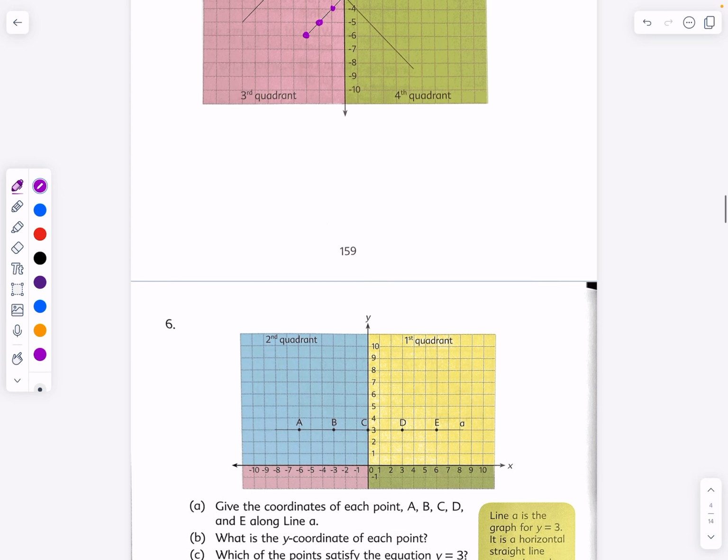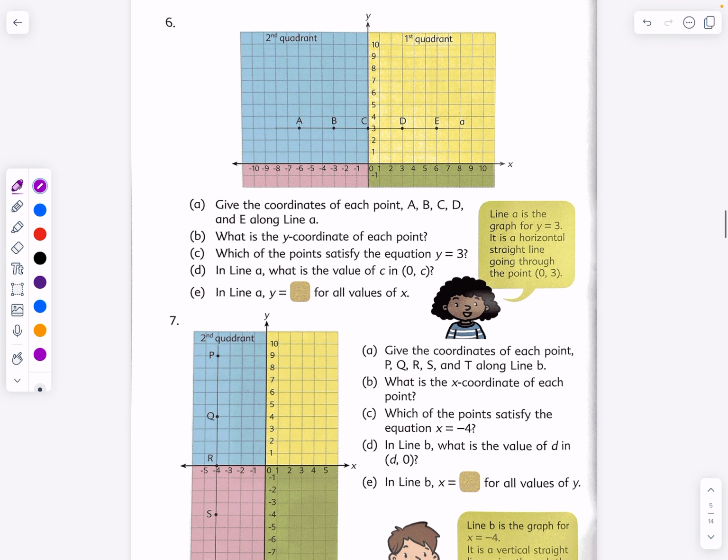Okay? Now, next, question number 6. We do have a straight line. Let me highlight it a little bit more. We have a straight line on the graph. By the way, notice that the lines are labeled with lowercase letters. This is line A. And look, it has multiple points that belong to line A: point A, B, C, D, and E. Let's note their coordinates.